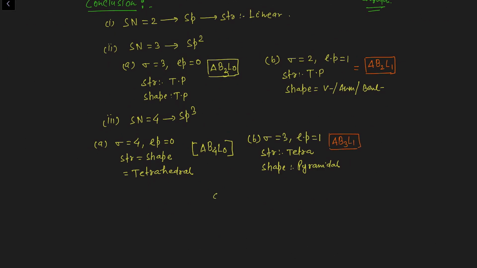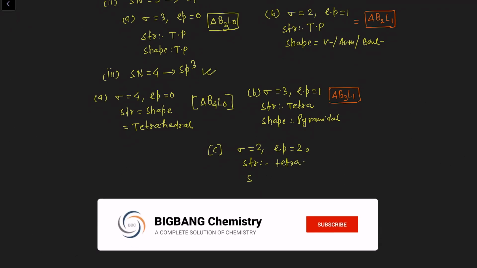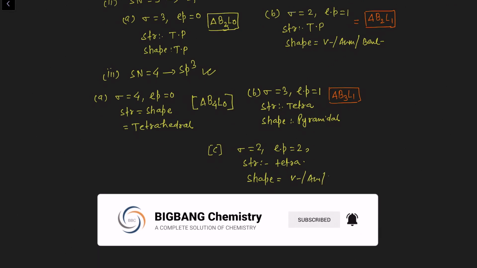The third condition of this steric number 4 is when sigma bond is 2, lone pair is 2, then again structure will be tetrahedral because hybridization will be sp3, right? But shape will be V shape, angular shape or bent shape.